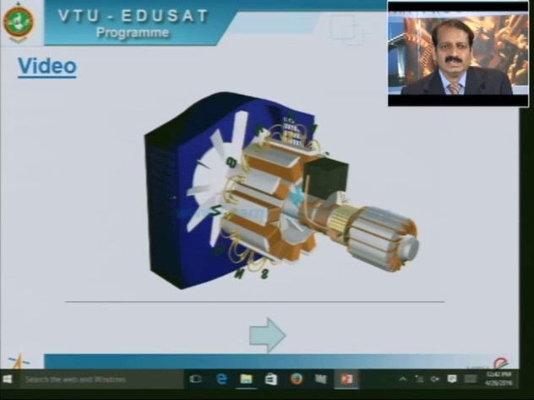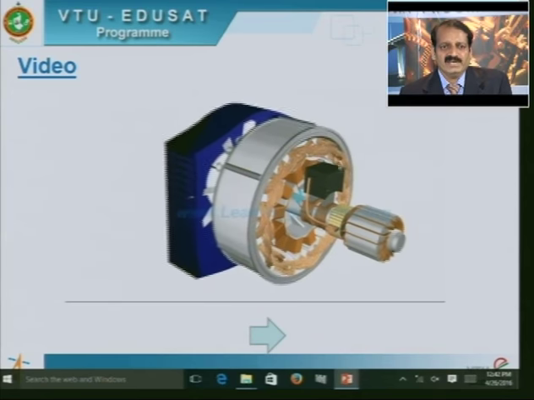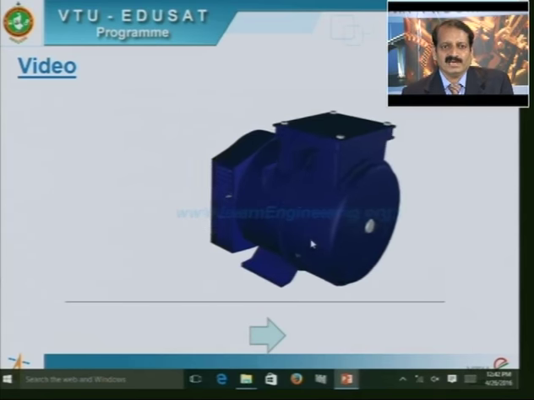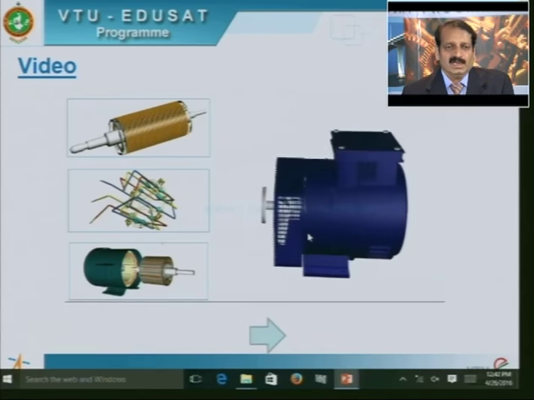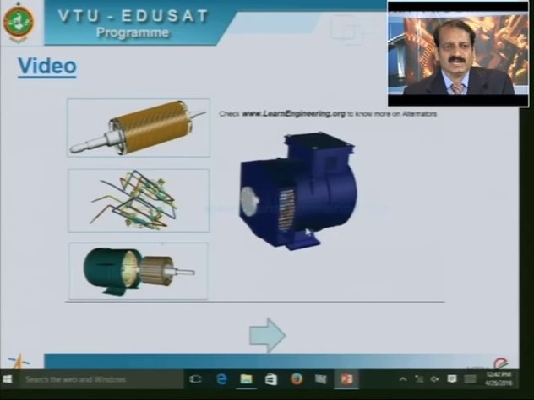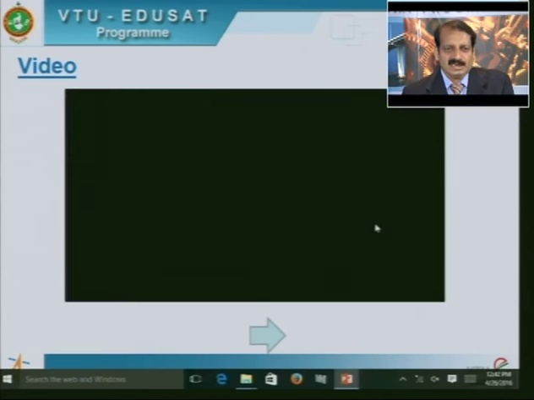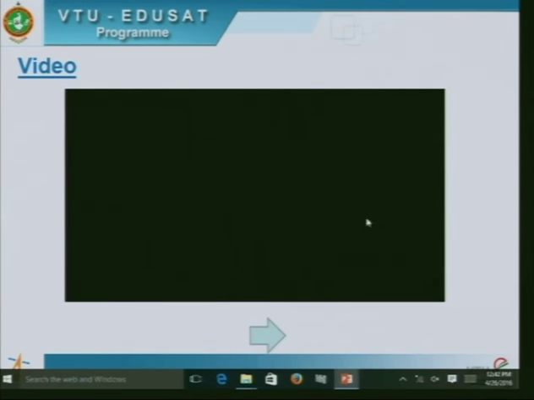So, with the automatic voltage regulator, the field strength can be increased by applying more and more voltage, and the terminal voltage can be kept constant. And I hope you have understood through this video the working principle of alternator.